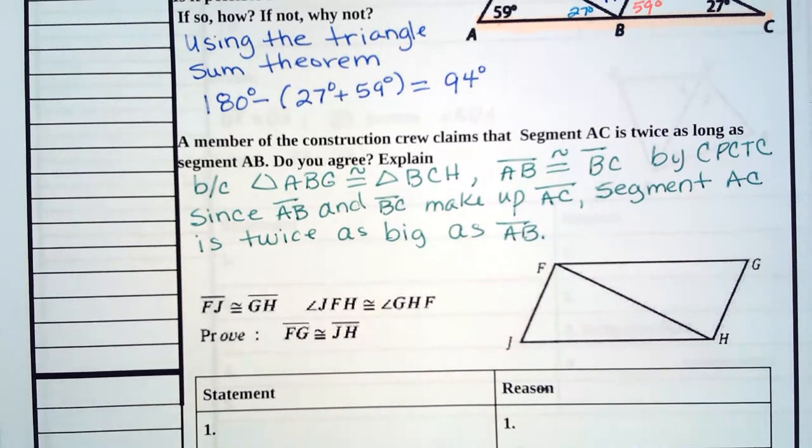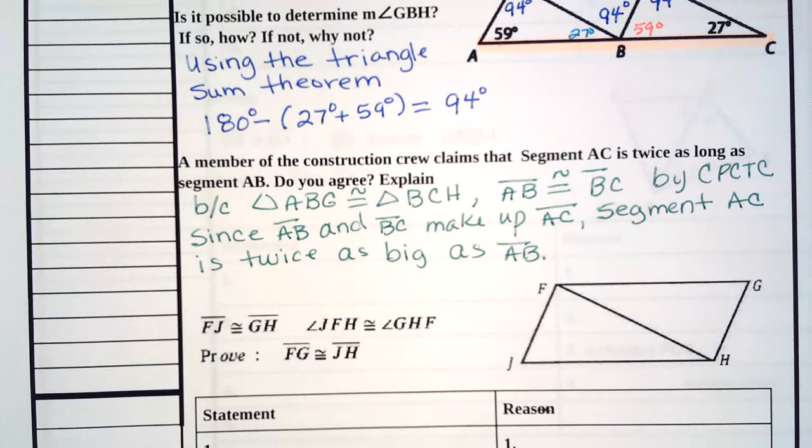So that was what we would call a paragraph proof. We start off with what we know about congruence, and then we add to it.